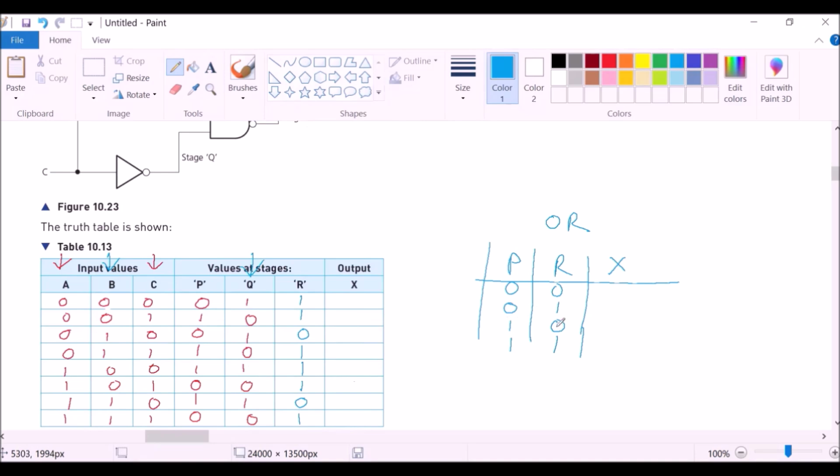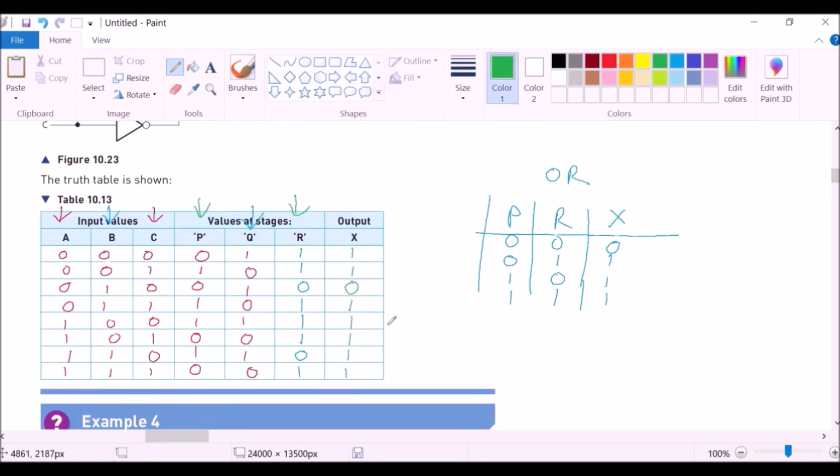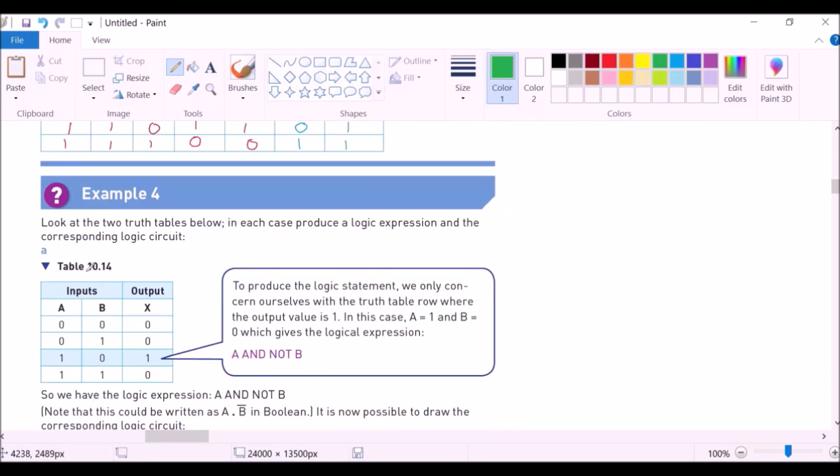The OR gate is high if there is a 1 in the input. 0, 1 give us a 1, 1, 1 will give us a 1, 0, 0 will give us a 0, 1, 1 will give us a 1, 1, 0 will give us a 1. So this is our truth table.